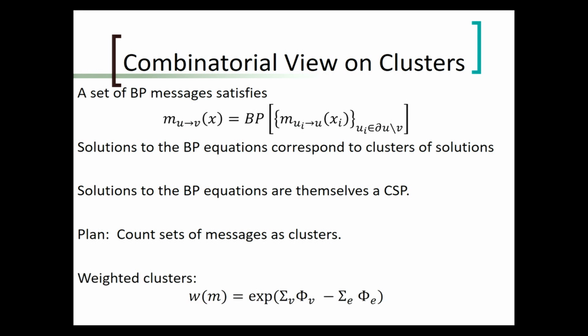But if we assume that the tree formula also applies on our locally tree-like graphs, then it would also give you a natural way of saying what the weight of a cluster should be in terms just of local quantities. So you just end up with a rather complicated, but still just a weighted spin system that you can try and analyze. Okay.